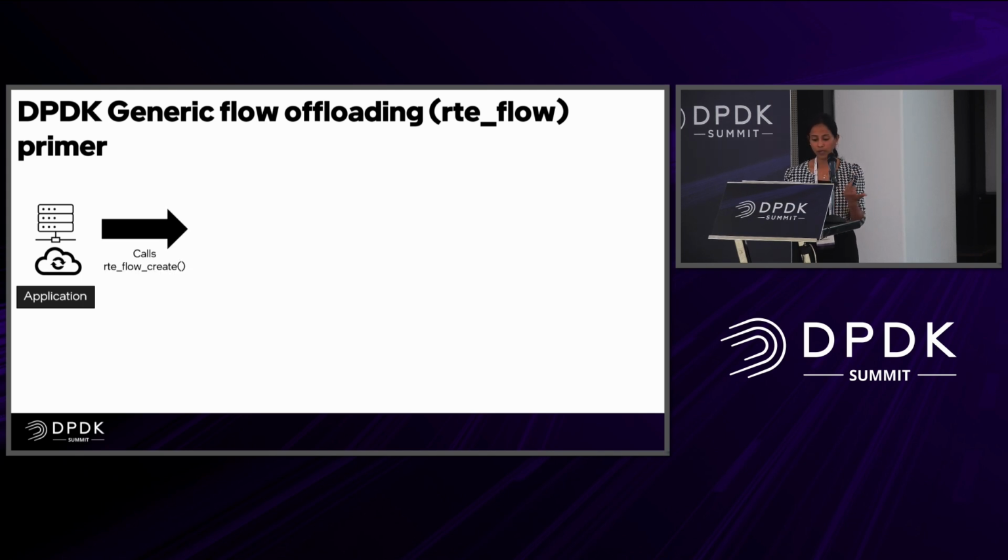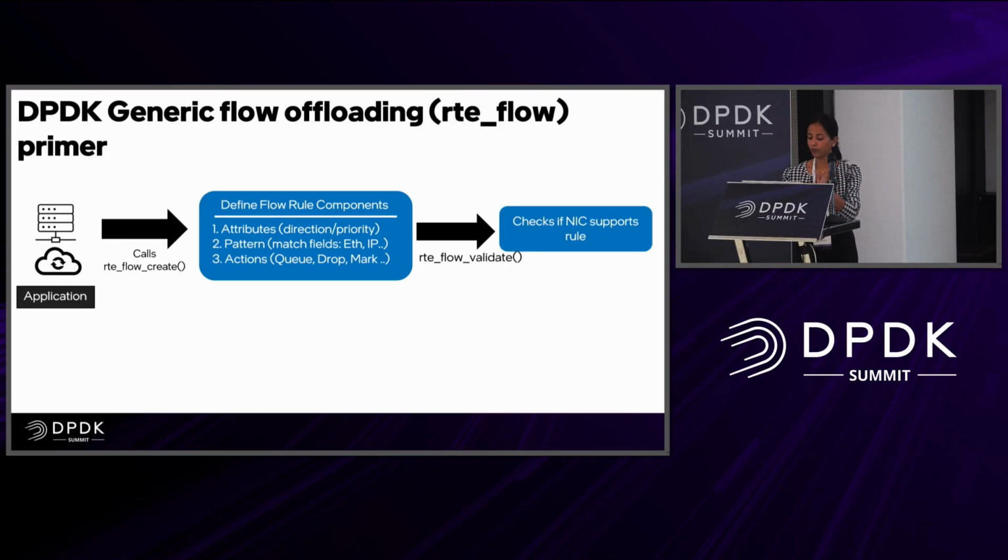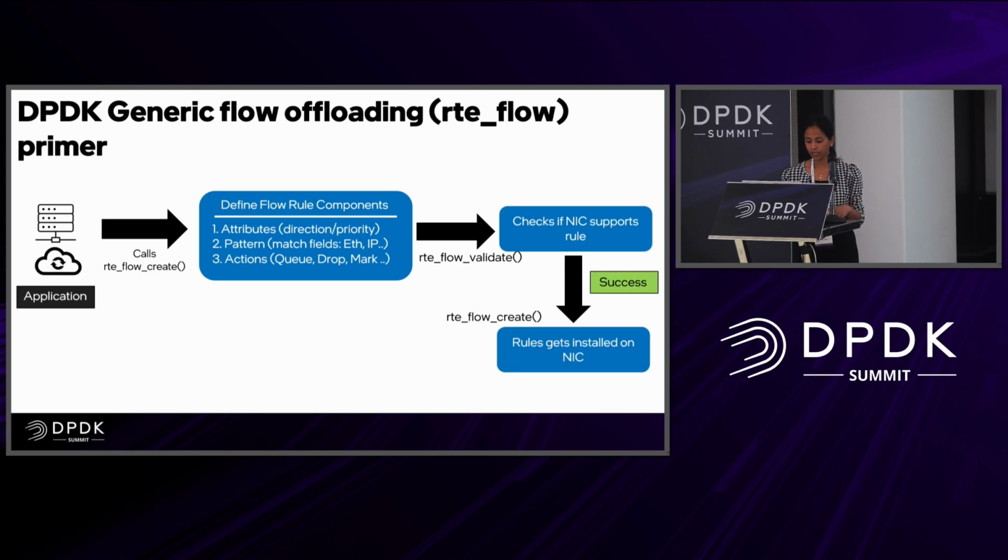When an application wants to create a flow, the rte_flow_create function gets called. It defines the components and their attributes, pattern, and actions. Then rte_flow_validate checks whether the NIC supports that particular flow creation rule or not, and if it does, the rule gets installed in the NIC.